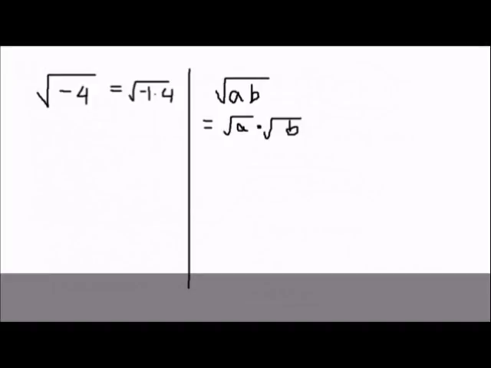When you do these kinds of questions, we divide it into negative parts and positive parts. We can divide this into square root -1 and square root 4. Square root -1 is, as we know, i, and square root 4 is 2. And the coefficients go first, so it's 2i. Easy.